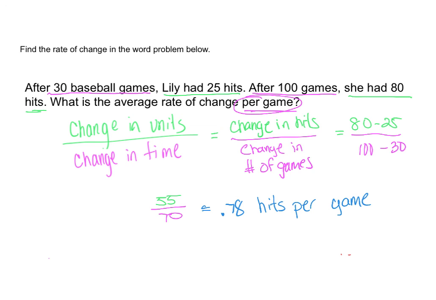So if you're thinking about miles per hour, when we talk about miles per hour, we're saying miles divided by an hour. So that per part is telling you that's on the bottom of your fraction. So the rate of change per game, that's telling me that the number of games is on the bottom of my fraction, and that is the change in time.